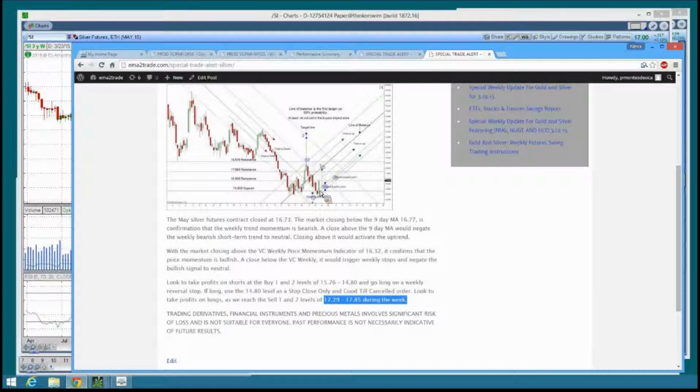What you see here on this chart above is basically a combination of different indicators that we use on a proprietary basis.